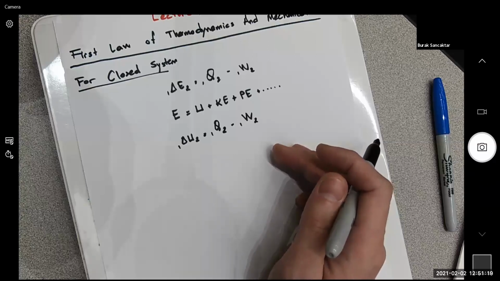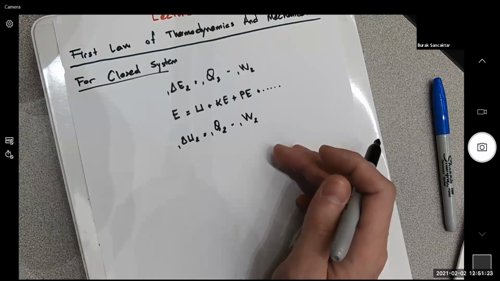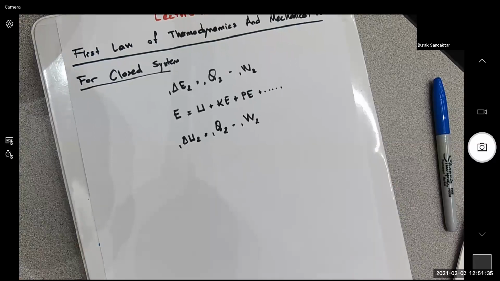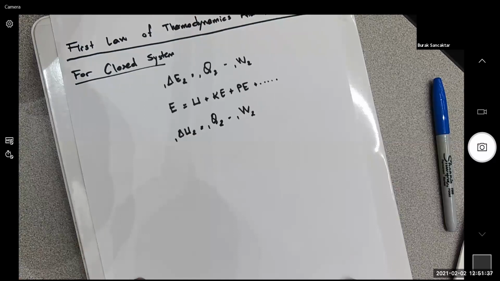Remember, we defined all these in the first lecture. The kinetic energy difference is zero, so mass is trapped in the system. So all we have remaining for stored energy is delta U, the internal energy. And the potential energy change is negligible, even if the system is really big.